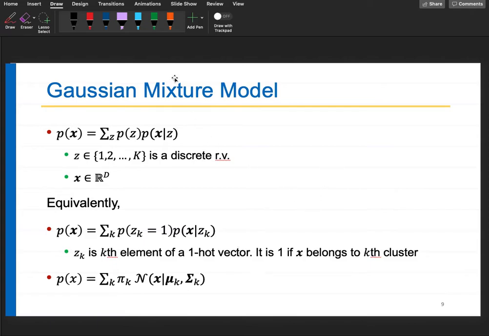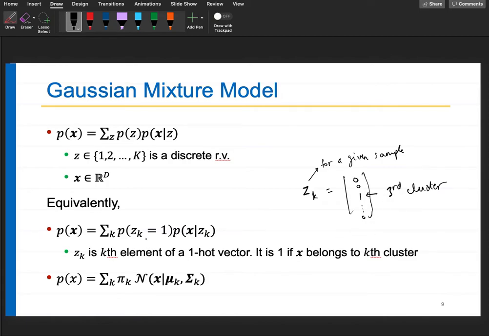So z, or you can call it z_k for a particular n, is for a given sample a one-hot vector, so it will be 0 in all the places except one place where it is 1. So in this case, it's the third cluster, so this indicates the third cluster.